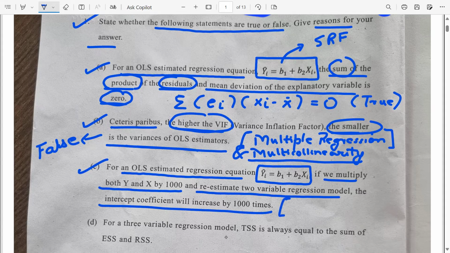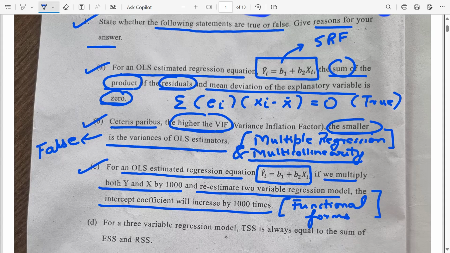Now, students can check out my lectures on functional forms for this, where we have discussed in depth what happens if I multiply the variables or the coefficients, and how the transformed regression will look. Students who have subscribed to my complete course for introductory econometrics will find similar questions I've done in my lectures on functional forms.